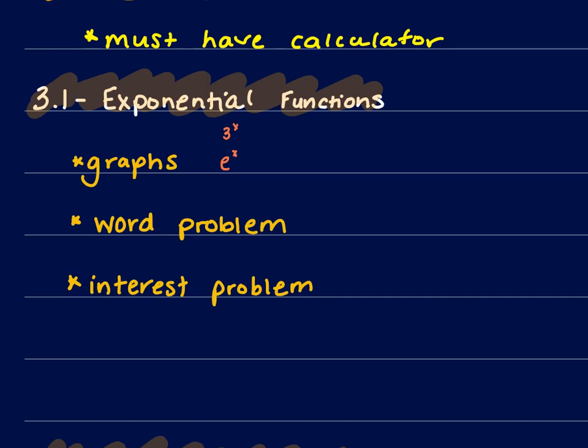With the graph of an exponential, if it's positive, it's increasing as it moves from left to right. It has a horizontal asymptote, which is y equals whatever the vertical shift is. It has a domain of negative infinity to positive infinity.